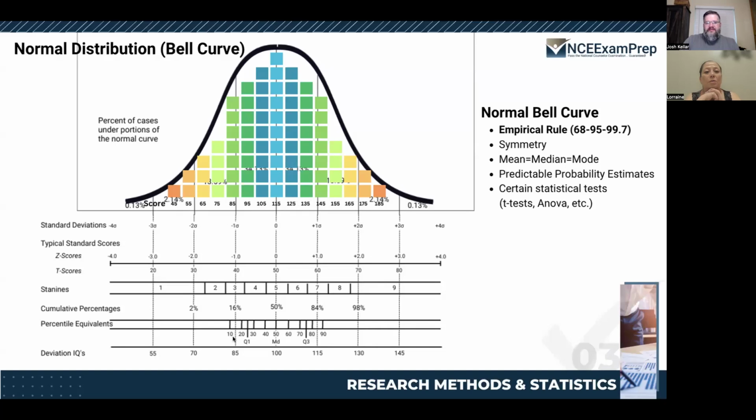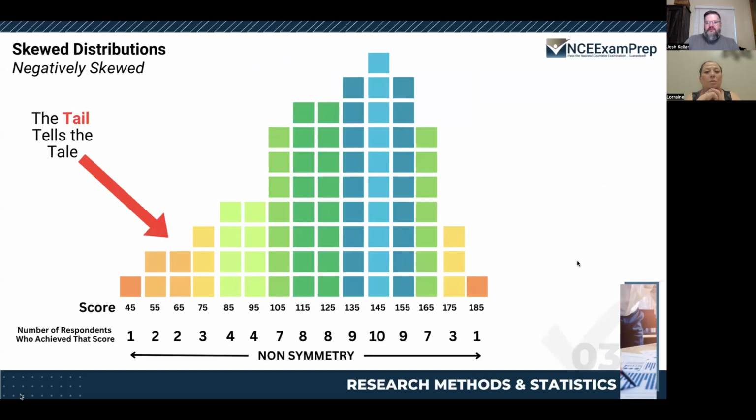However, on a negatively skewed test, we don't have symmetry. You can see down here, we've got the same scores, but now they're not symmetrical. Our highest score of a 10 is over here on the far right side. A key phrase that we want to remember with skewed distributions is the tail tells the tale.